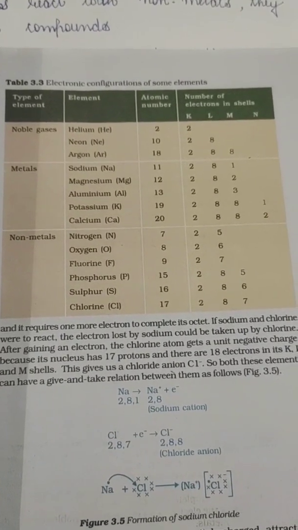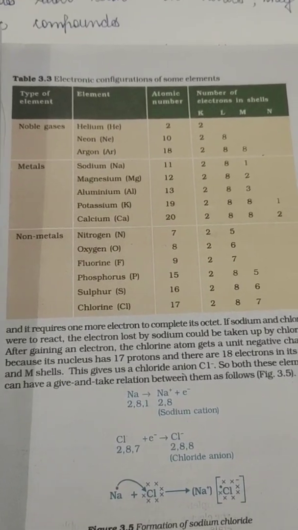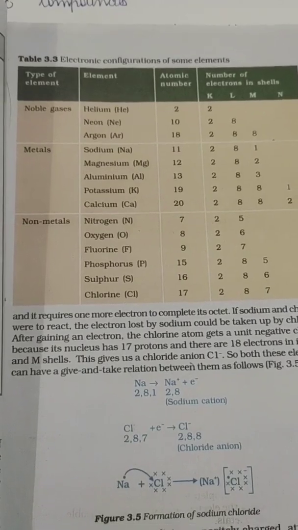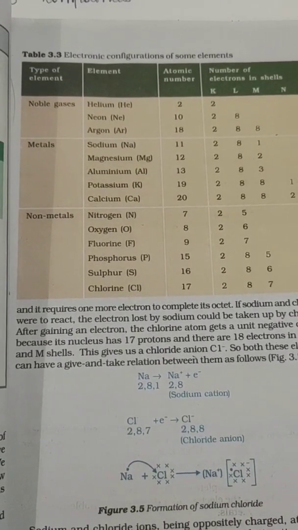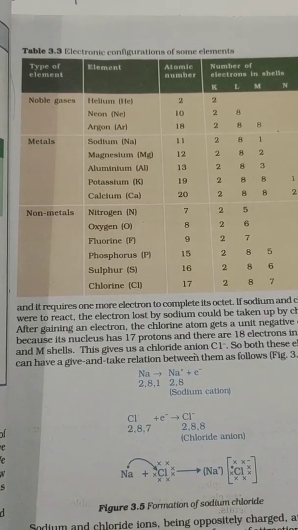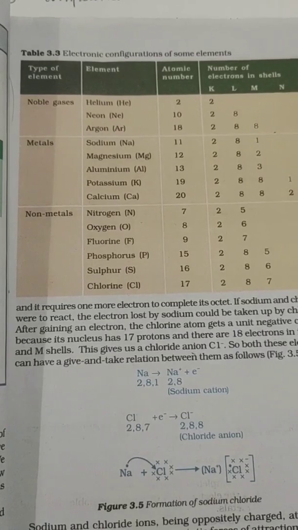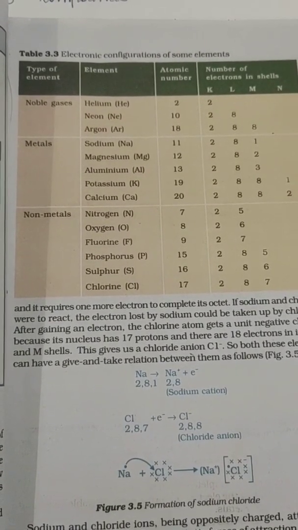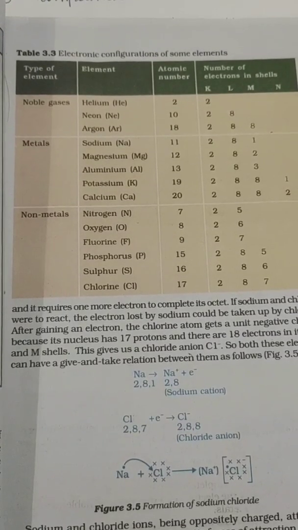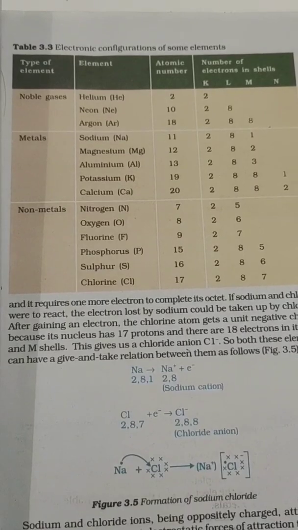Noble gases like helium, neon and argon, as you can see here at the top, have atomic numbers of 2 for helium, 10 for neon and 18 for argon. For the electronic configuration, K, L, M, N, you already know we studied this in class 9 and you know how to make this.